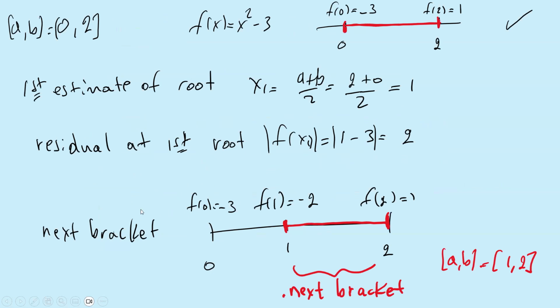Then we can find the next bracket by applying the signum function. The sign of the function at point 0 is negative, and the sign of the function at the midpoint is negative. Negative times negative is positive. It means the root is located after the midpoint. And the next bracket will be 1 to 2.